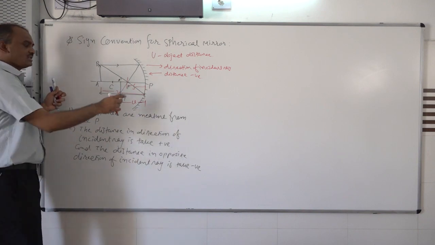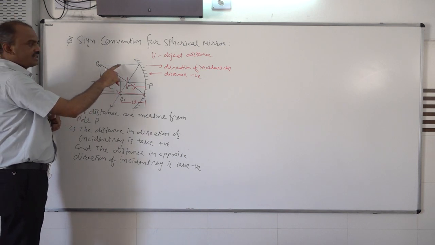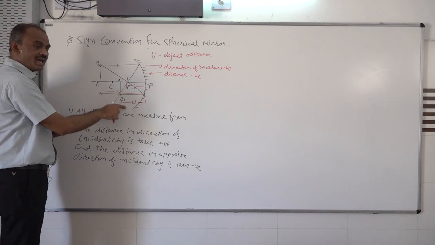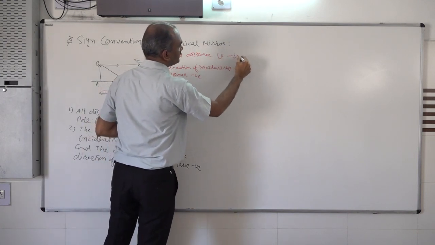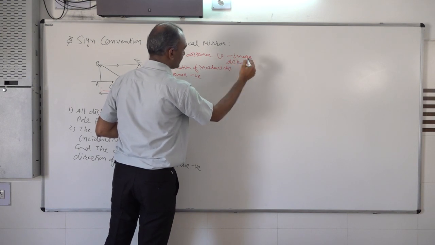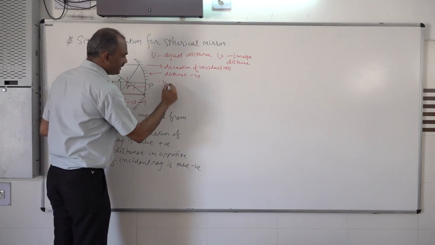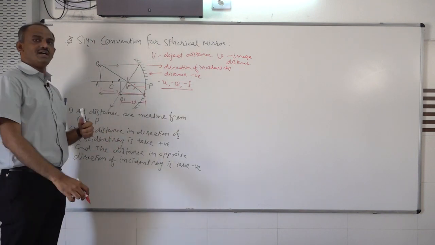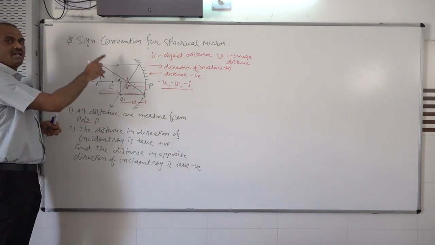This distance is also measured from P to A dash, in the direction opposite to the incident ray, so we get a negative distance. So here u is the object distance, v is the image distance. In this case u is negative, v is negative, and f is negative. All three values are negative because their direction is opposite to the direction of the incident ray.